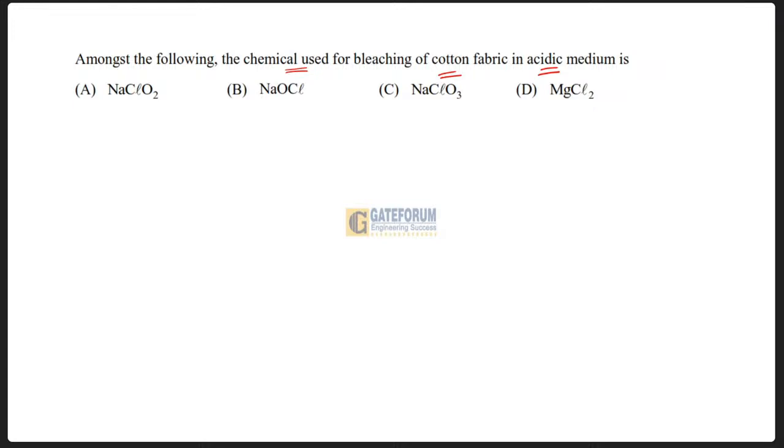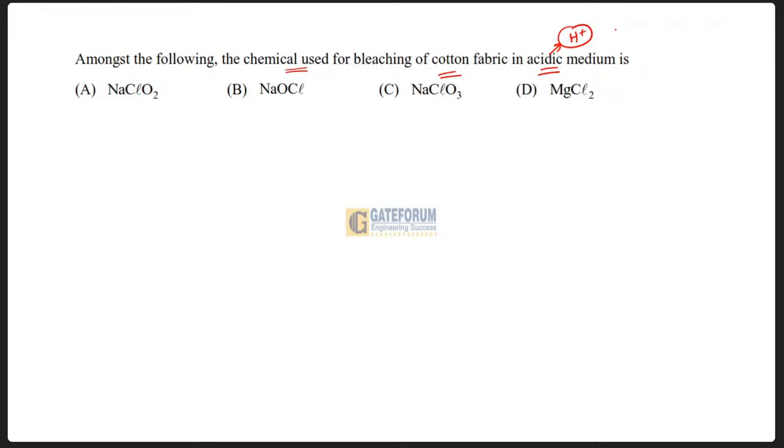If we start with the bleaching concept, bleaching is done for the whiteness of the cotton fabrics. The chemical used for bleaching of cotton fabric in acidic medium means H plus ions should be present in the acidic medium. And in the basic medium, OH minus ions are present.